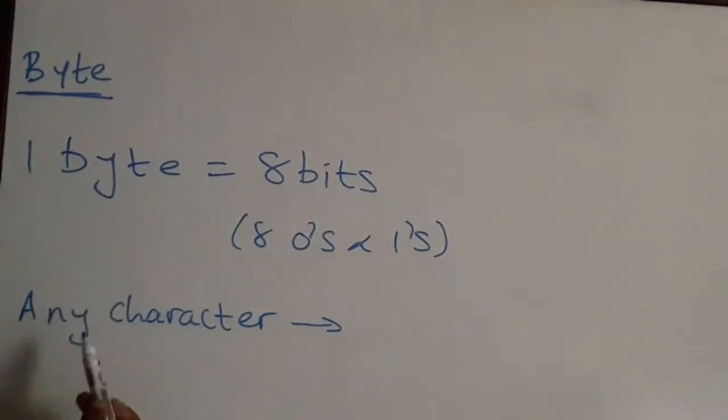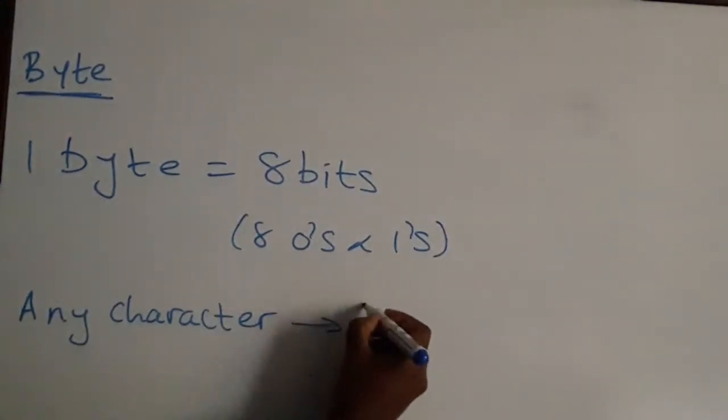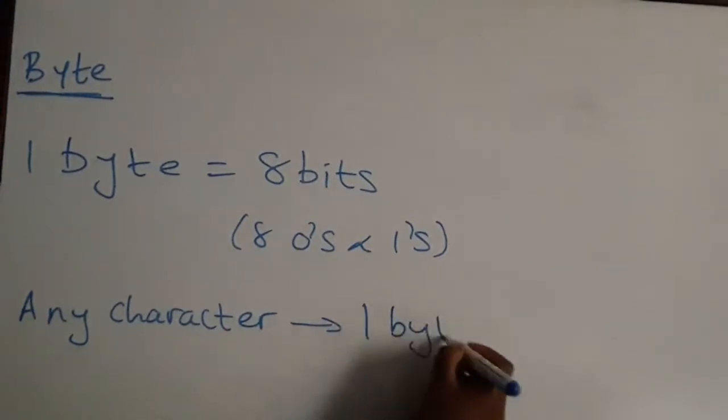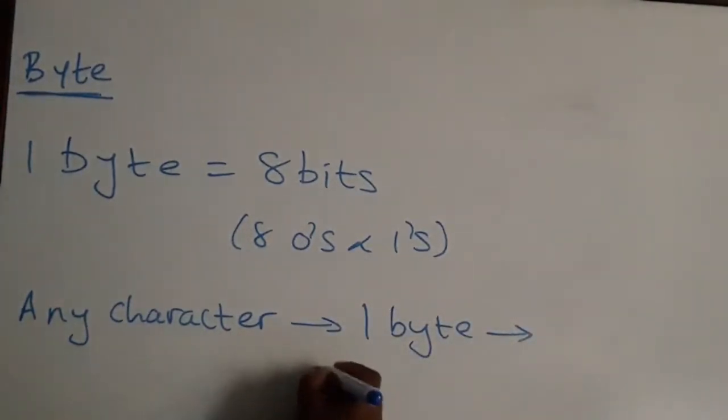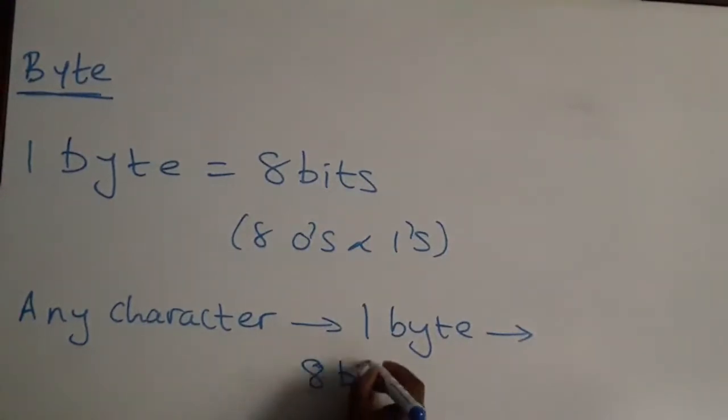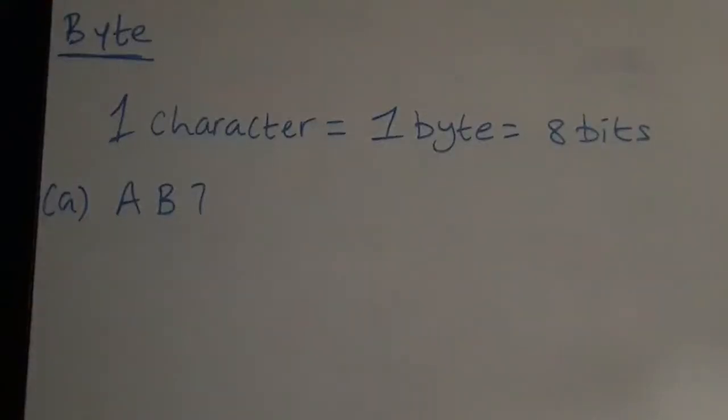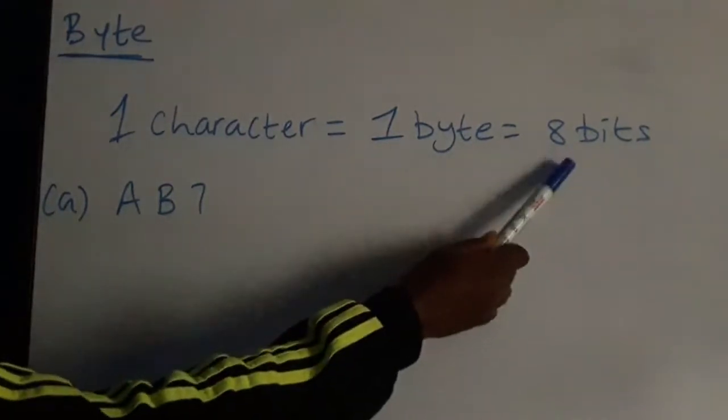This is why we say any character is represented as 1 byte, and at the same time it is represented as 8 bits. So, like I have stated earlier, all information is stored in the form of bytes, in the form of 8 binary digits. So 1 character, for instance, is represented as 1 byte, and 1 byte is represented as 8 bits.